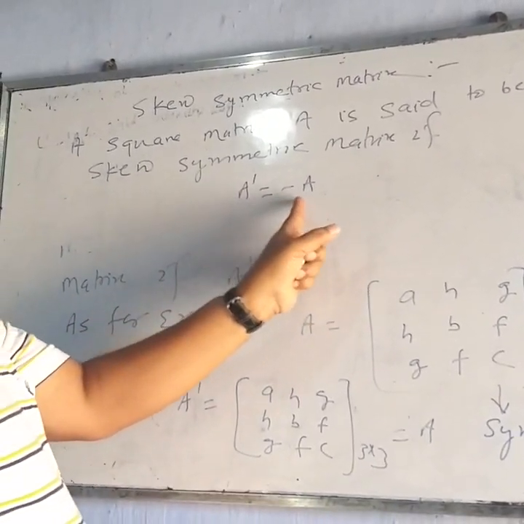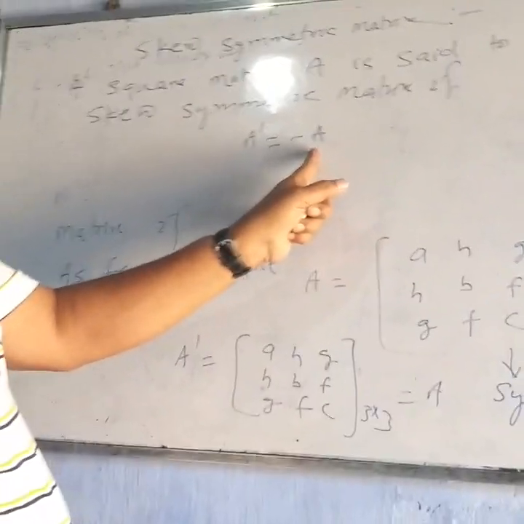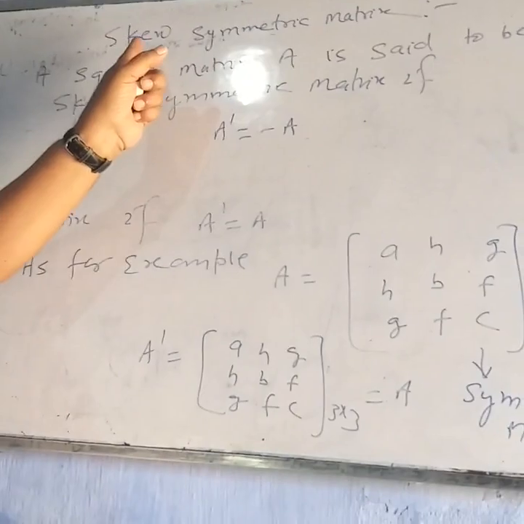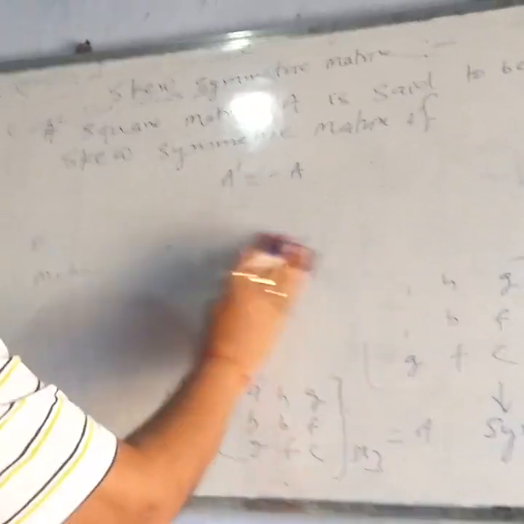A transpose is equal to minus A. This is the definition of a skew symmetric matrix.